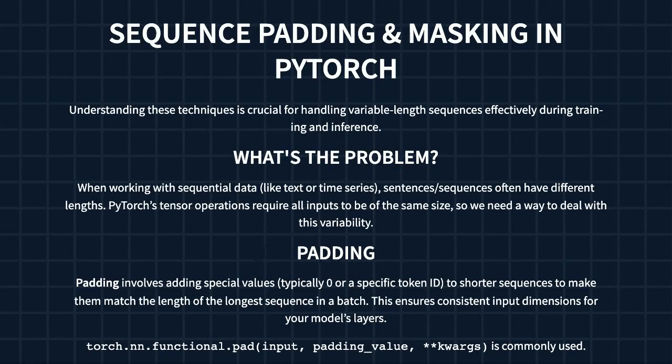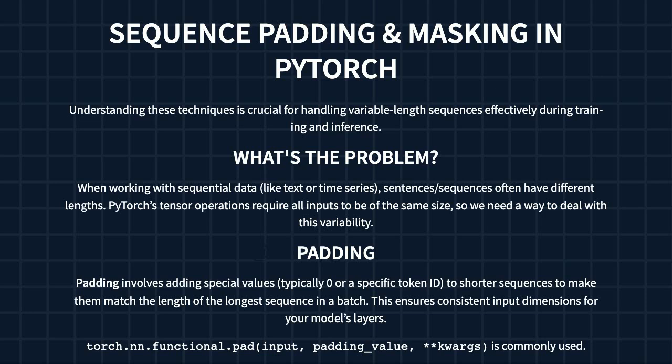Okay, let's talk about handling variable length sequences in PyTorch. Often when dealing with things like text or time series data, we have sentences or data points that aren't all the same size. Some are shorter, others are longer. PyTorch needs everything to be consistent, so padding and masking come into play. Padding is essentially adding a special value, usually 0, to the end of shorter sequences to make them match the length of the longest sequence in your batch.